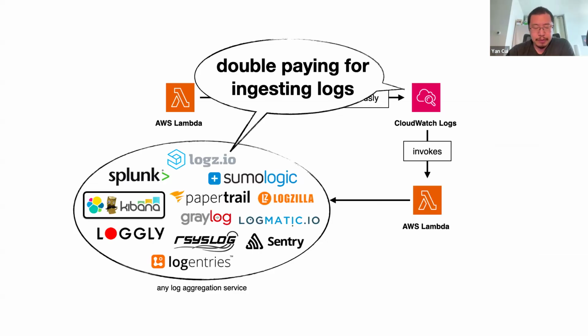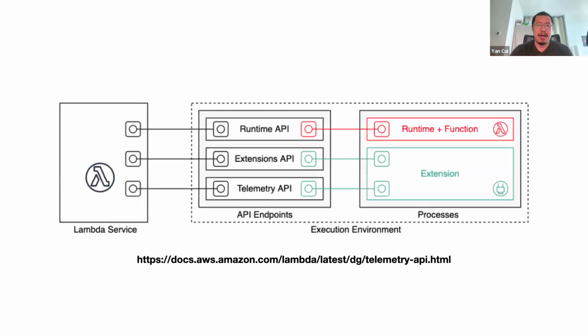So nowadays, if you're using Lambda, there's actually a better way to do this with Lambda extensions and the Telemetry API. Lambda extensions is basically a mechanism that allows you to run, let's call it a sidecar process, right next to your main application process that runs your function handler code. But it can also allow you to subscribe to the Telemetry API, which is a local API that's available to the Lambda function when it's running inside those Lambda execution environments.